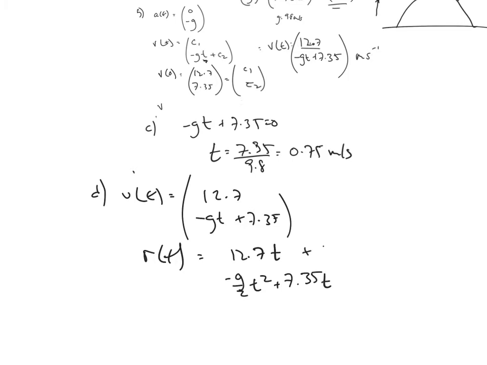Each of these has a plus constant, but from the context the initial position is 0, 0. So when time is 0 these values are 0, and I don't need the constants. Here is my displacement vector.